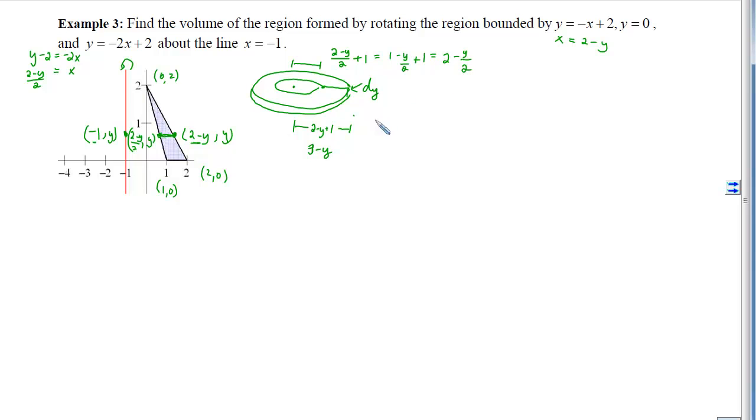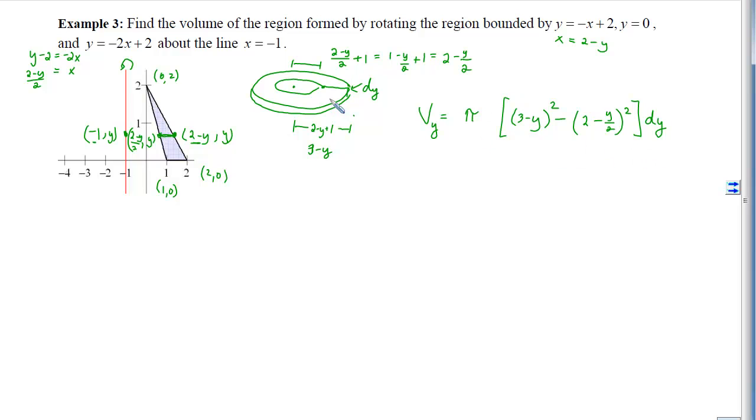Now that I have the parts and pieces, I can write the volume of that particular shape. It will be pi times the big radius, which was 3 minus y, squared, minus the little radius, which was (2 minus y) over 2, squared. The thickness is dy.